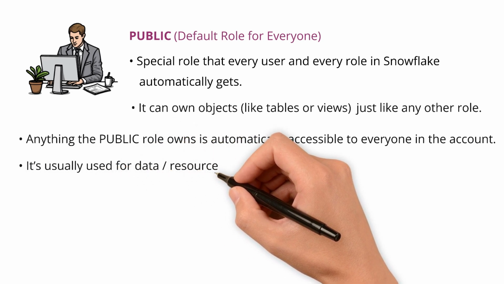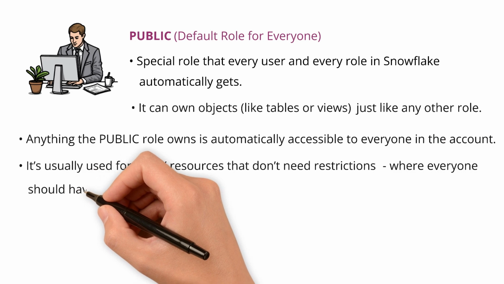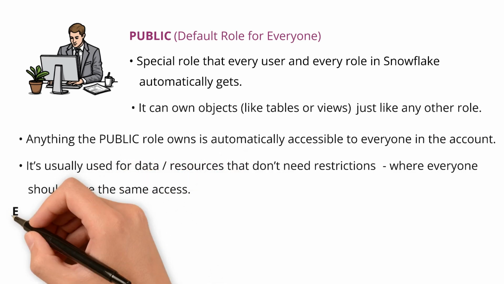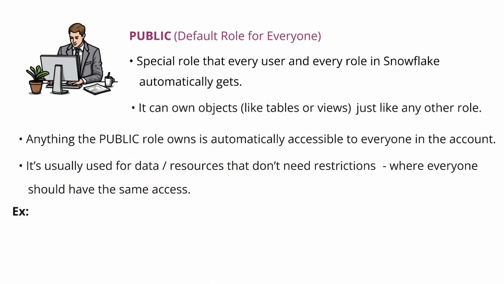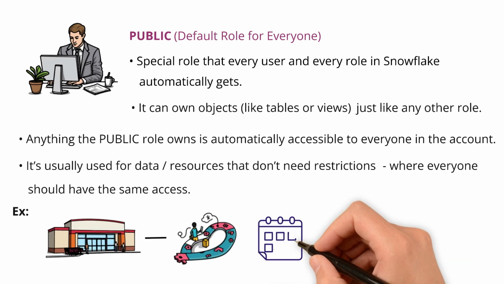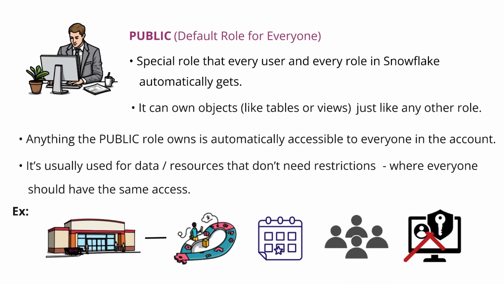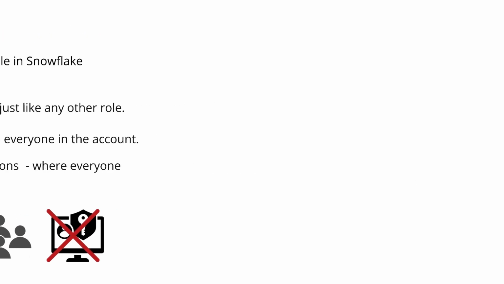It's usually used for data or resources that don't need restrictions, where everyone should have the same access. Example: in Walmart's supply chain Snowflake account, a common holiday calendar table could be owned by public, so all teams can see it without needing special permissions.